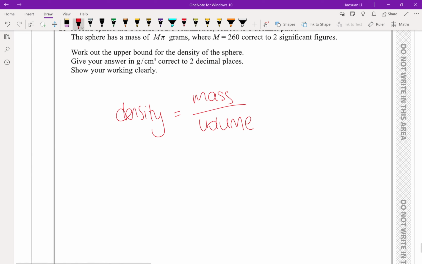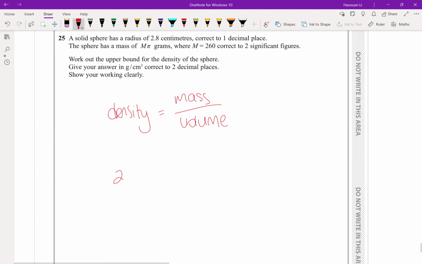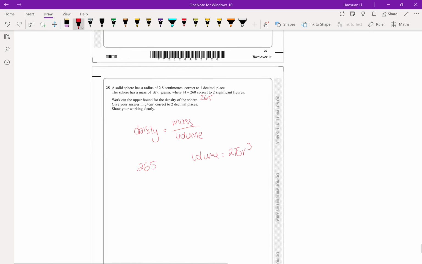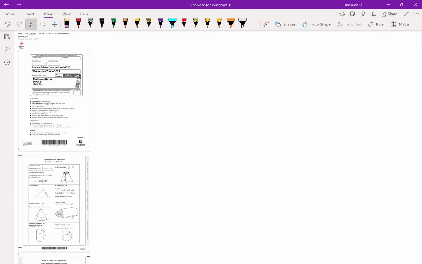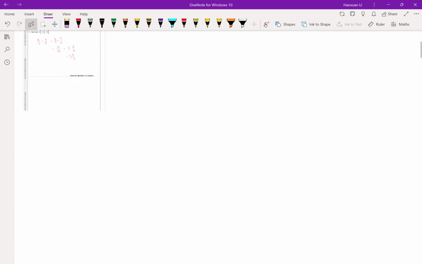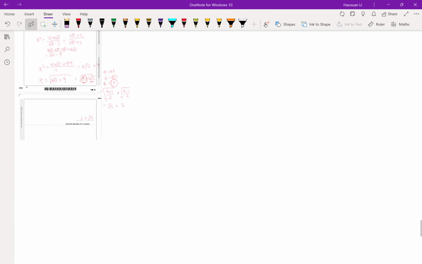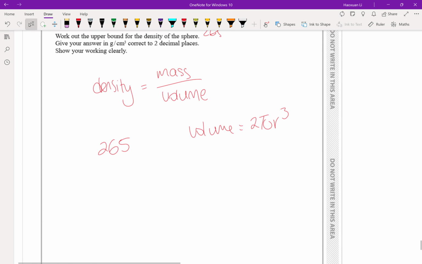So therefore the mass will be 265 if you find the upper bound value. The volume of the sphere, bear in mind, will be 2 pi r cubed. So if I just make any reference to formula sheet, it's 4 over 3 pi r cubed.